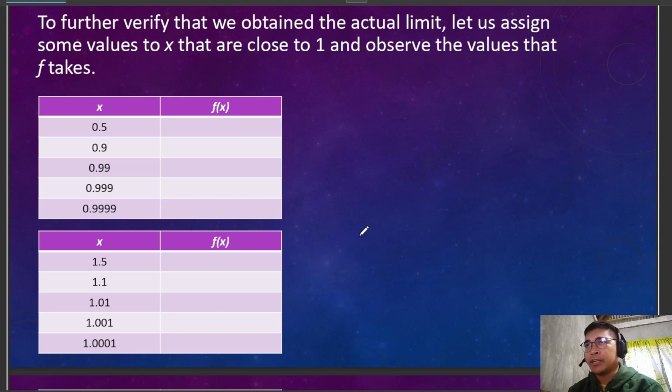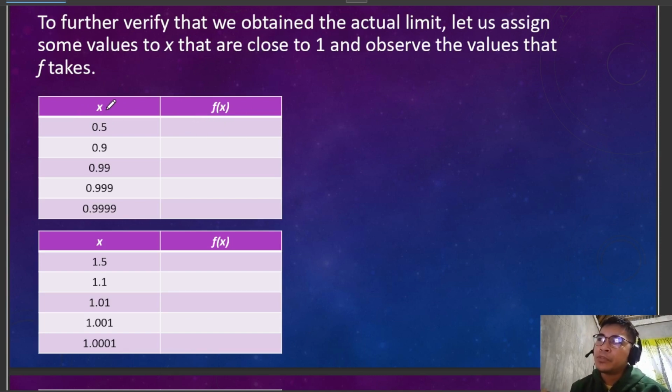So to further verify that we obtain the actual limit, let us assign some values to x that are close to 1 and observe the values that f takes. So as you observe, we have the x side and we have the f of x, or the output, the value.